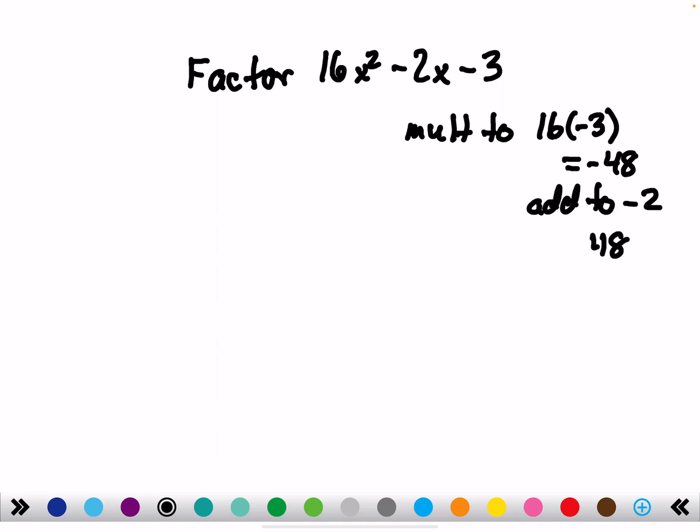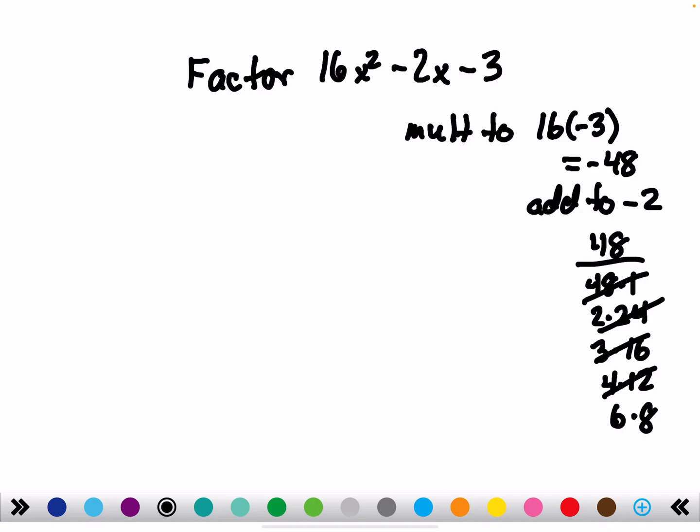So think about factors of 48 that are 2 apart. 48 and 1, no. 2 times 24, too big. 3 times 16, too big. 4 and 12, too big. 6 times 8, bingo, because 8 minus 6 is 2.